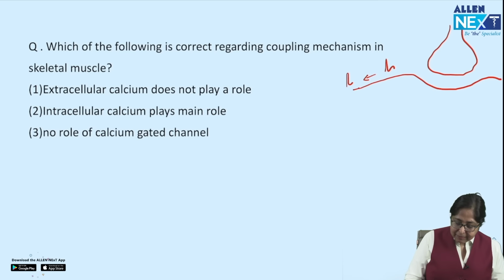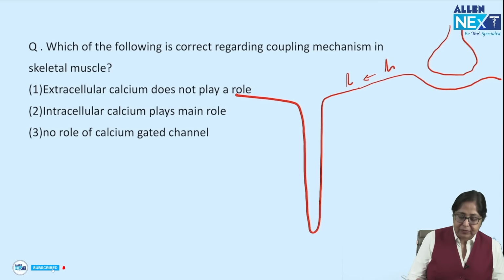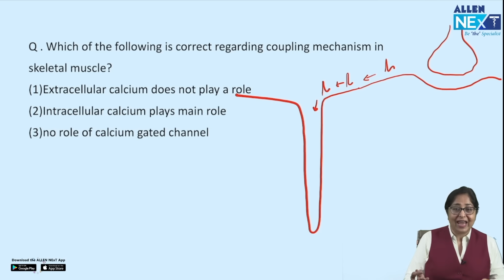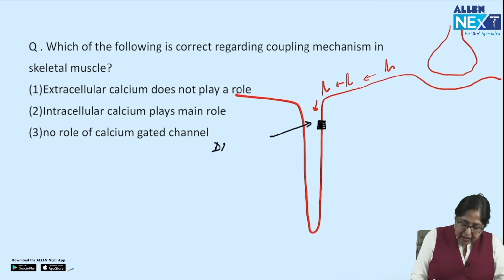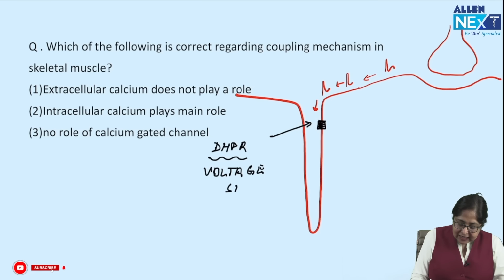Now, the sarcolemma dips into the muscle fiber to form the T-tubule. So the action potential will also enter into the T-tubule, and present on the T-tubule are what are known as the DHPR, dihydropyridine receptors, which in the skeletal muscle is a voltage sensor.